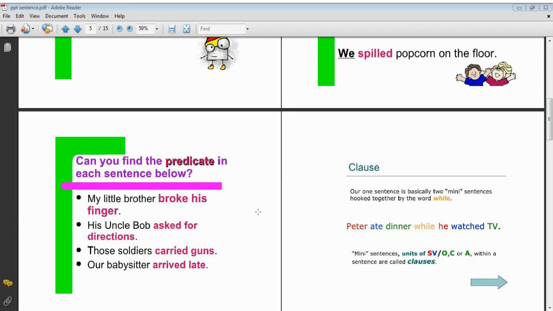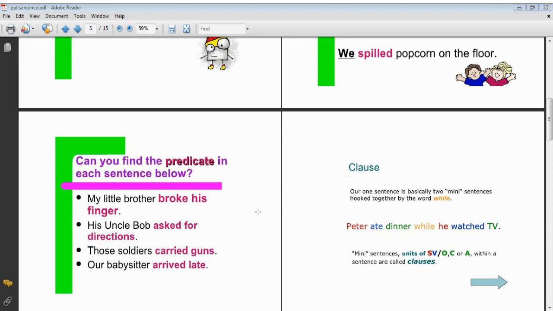We have a sentence over here. Peter ate dinner while he watched TV. If I write these two sentences separately, one sentence I write, Peter ate dinner, and sentence two I write, he watched TV, and I ask you to join these two sentences together, a conjunction will be needed to join these two separate sentences together to make one complete sentence.